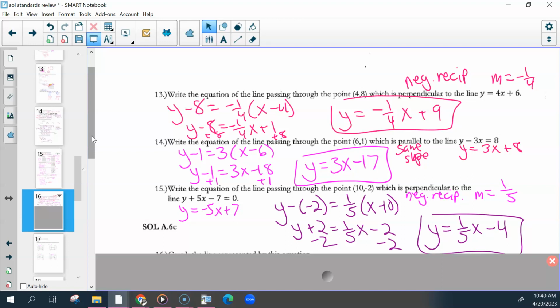Know that it's the same slope and do the same process. And then 15 was perpendicular, so you had to solve this for y, then change the slope, flip it, and make it positive because it was negative, and then do the same process.